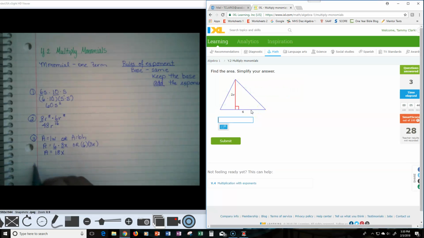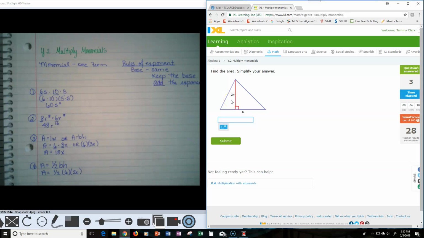Number 4. This time we have a triangle. So you'll have to remember the formula for a triangle. It says find the area, simplify your answer. The area for a triangle is area is equal to half the base multiplied by the height. So, excuse me, we have area is equal to half, our base is right here, which is 6, multiplied by our height, which is 2x.